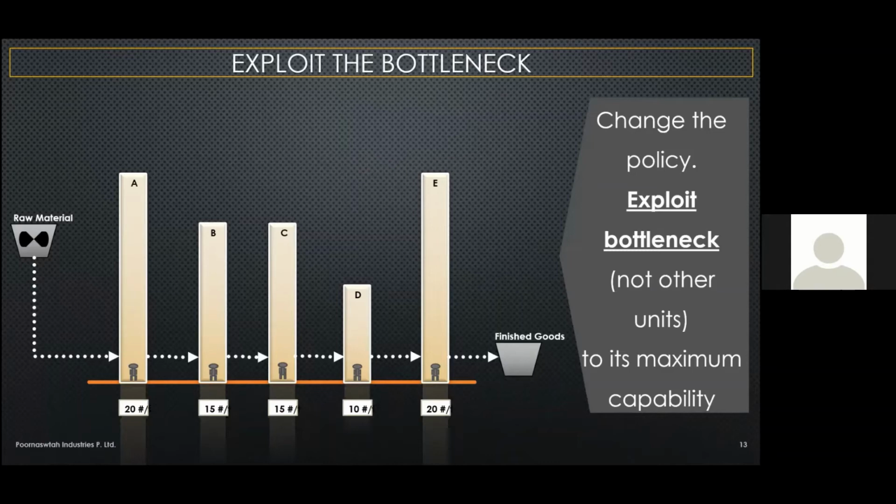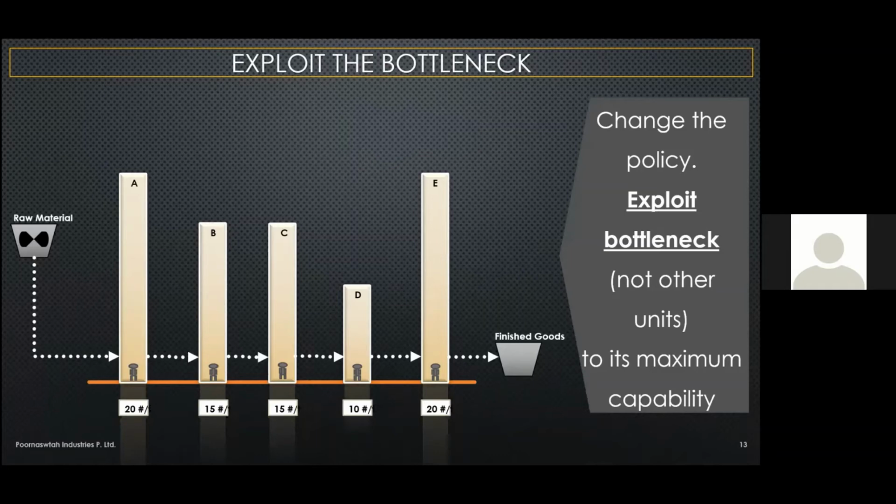They borrow it and increase the bottleneck capacity. They install another machine of D here. No, that's not the correct step. There are possibilities within the organization to internally accrue the cash flow within itself. How? Let's look at it.